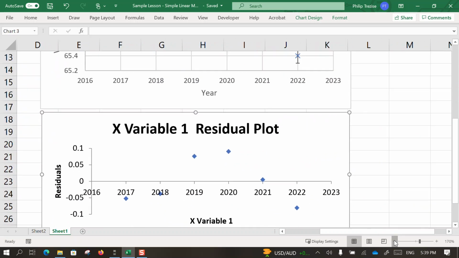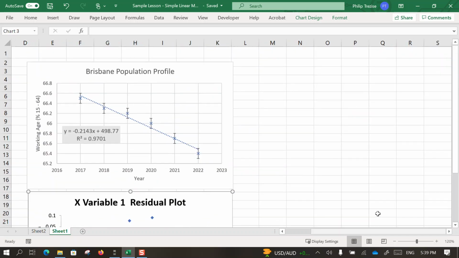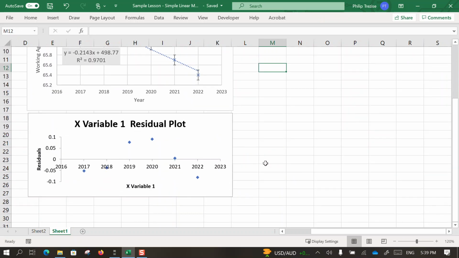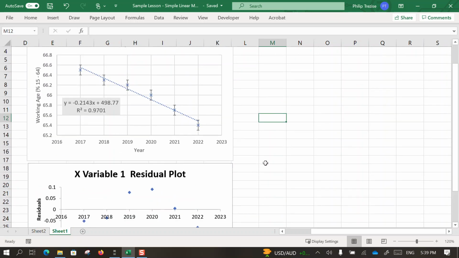Now this residual plot tells me a lot about the quality of my model. Residuals are the difference between the predicted value and the measured value. So let's look, for instance, at this data point here. The measured value was where the x is, 66.